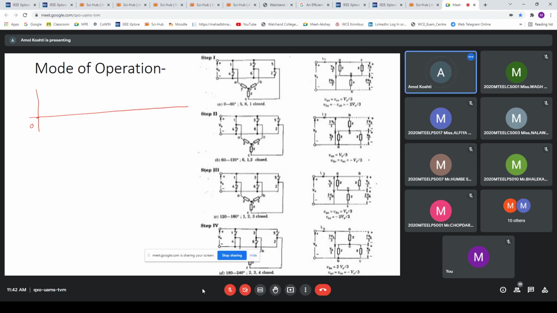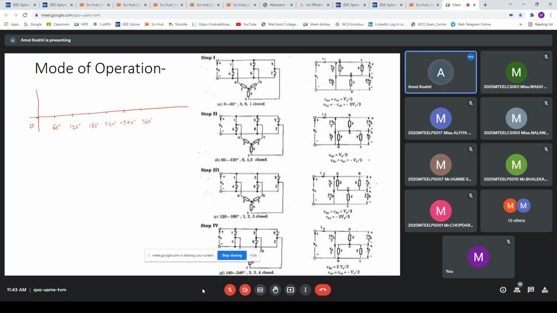Then we take the next instance, suppose this is the 60 degree instance. After this, there is the 120 degree instance, then the 180 degree instance, then here the 240 degree, then after 60 degrees, here it is 300, and finally here it is 360 degree.